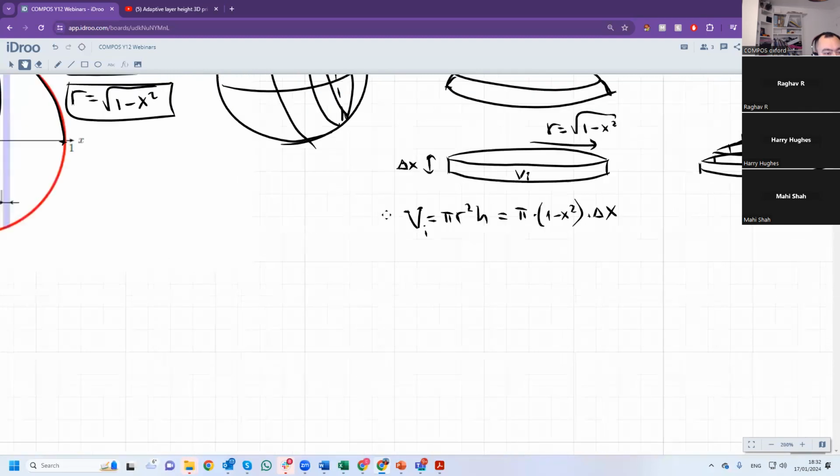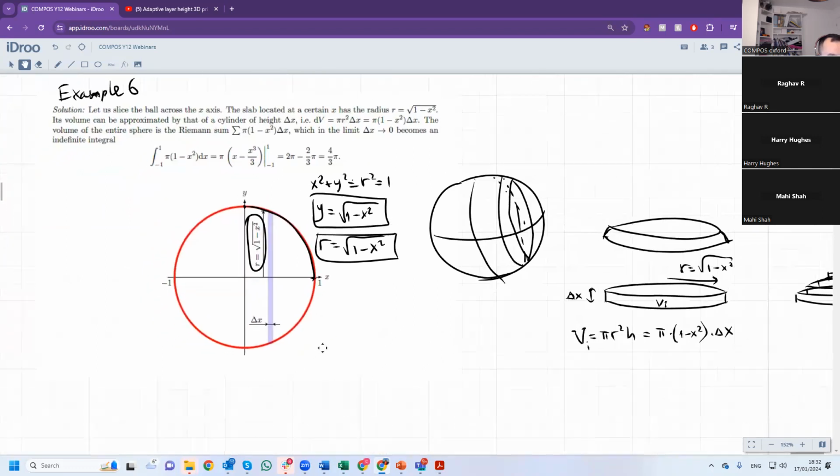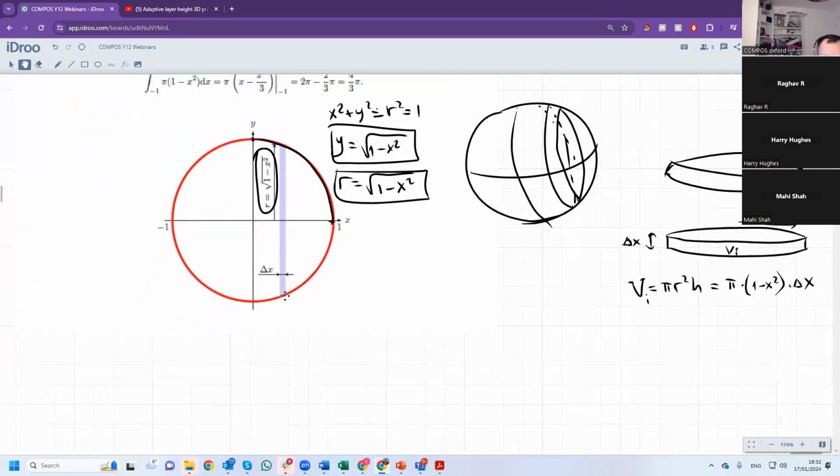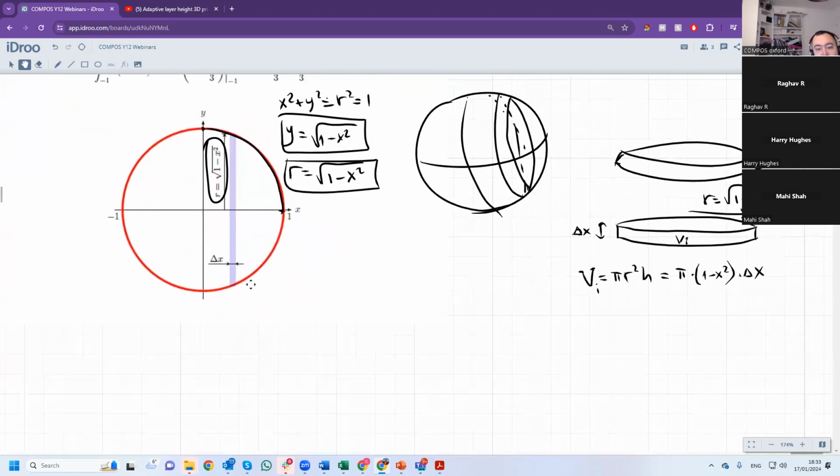Now, the ball consists of many slabs, many cylindrical slabs. So the volume of the sphere is approximately equal. Now, this is an approximation. It is approximately equal to the sum of all V_i.